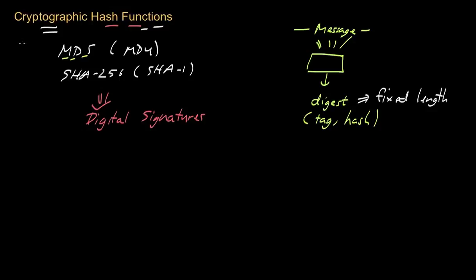First and foremost, and this almost goes without saying, one of the first properties you want of a cryptographic hash function is that it should be computationally efficient. By that I mean that it shouldn't take a lot of time to compute the output from a given input. If you're given a message and you want to apply this set of transformations to get a digest, that should not take a long time to implement on a computer.